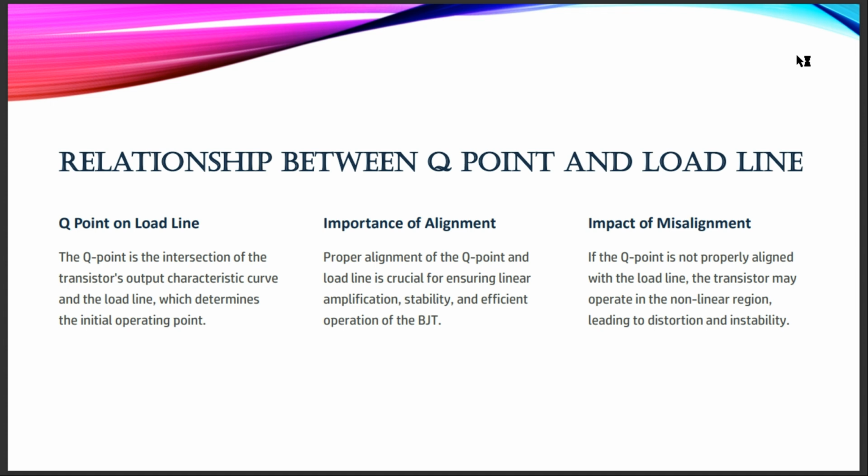Relationship between Q point and load line. Q point on load line: the Q point is the intersection of the transistor output characteristic curve and the load line, which determines the initial operating point. Importance of alignment: proper alignment of the Q point and load line is crucial for ensuring linear amplification, stability, and efficient operation of the BJT.